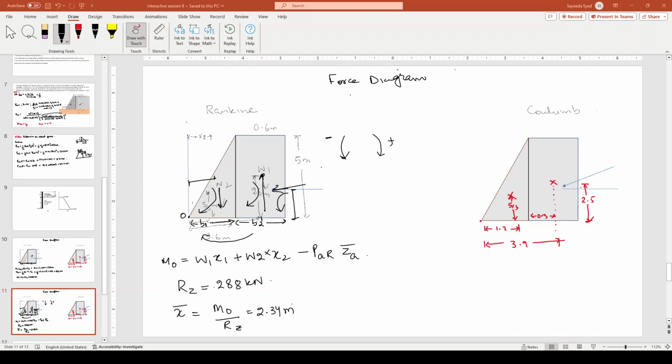So this will be acting here, into complete base, minus the horizontal load, let's say V. The horizontal load will be acting at ZA by 3, 5 by 3.